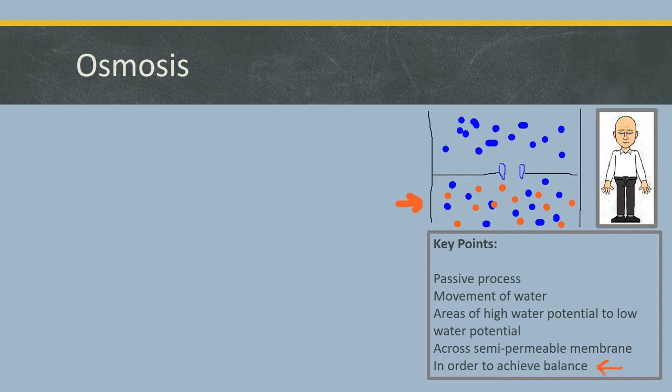And this is the concept. Here in the top section we have something called a high water potential. It's very watery. All that there is is water. Now in this bottom section we have something called a low water potential, and that means that there's stuff in it.